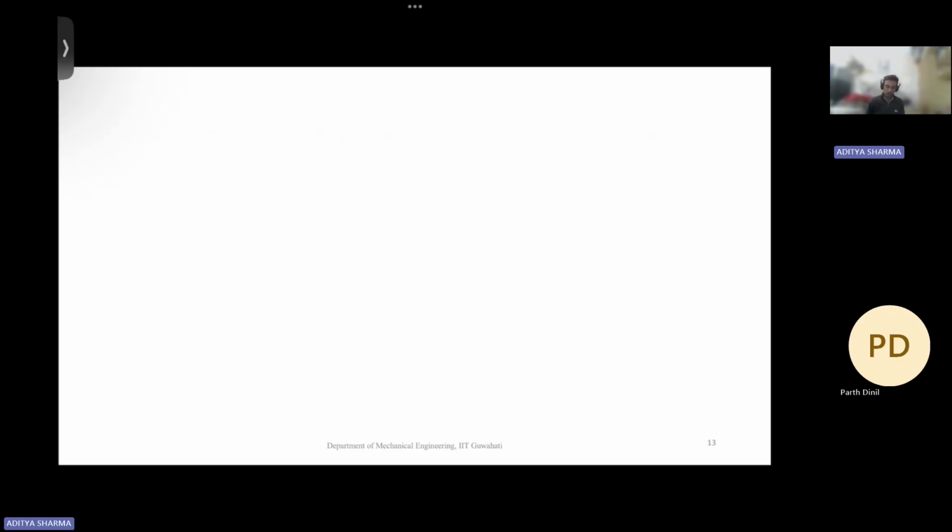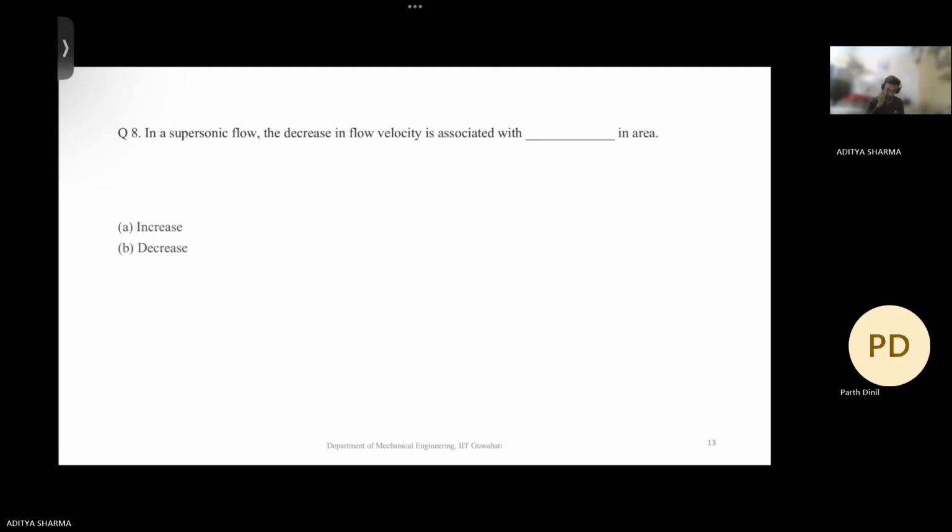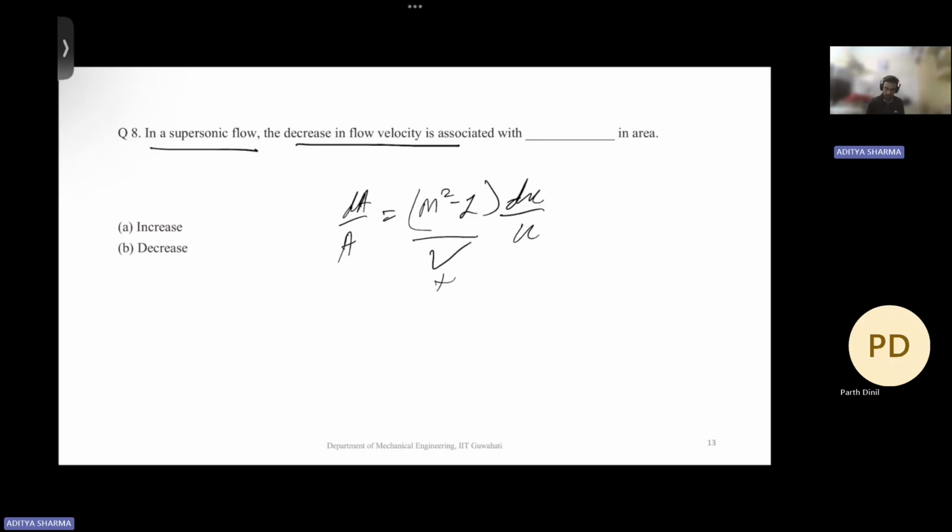So this is lecture number 8. Then questions are there. First question is in a supersonic flow, the decrease in flow velocity is associated with dash in area. Flow is supersonic means this will be positive.